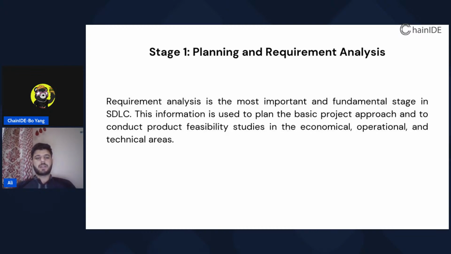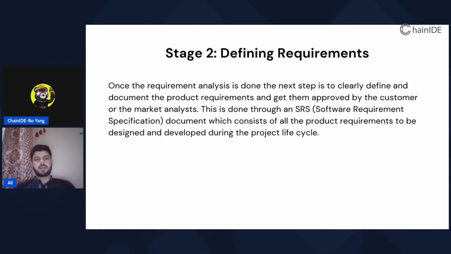And in that document, we create different diagrams also, such as entity relationship diagram, flow diagram, use case diagram, and many other diagrams to understand the whole use case of your project. And we define all the requirements, all the functional requirements and non-functional requirements.